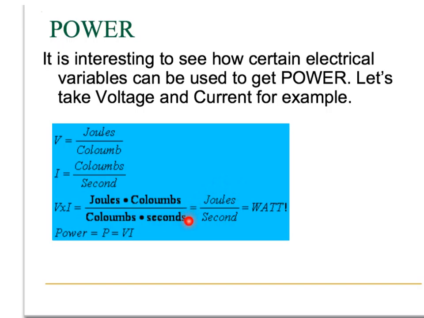Joules per second is watt. Watt is the SI unit for power. Therefore, power is equal to the product of the voltage and the current.